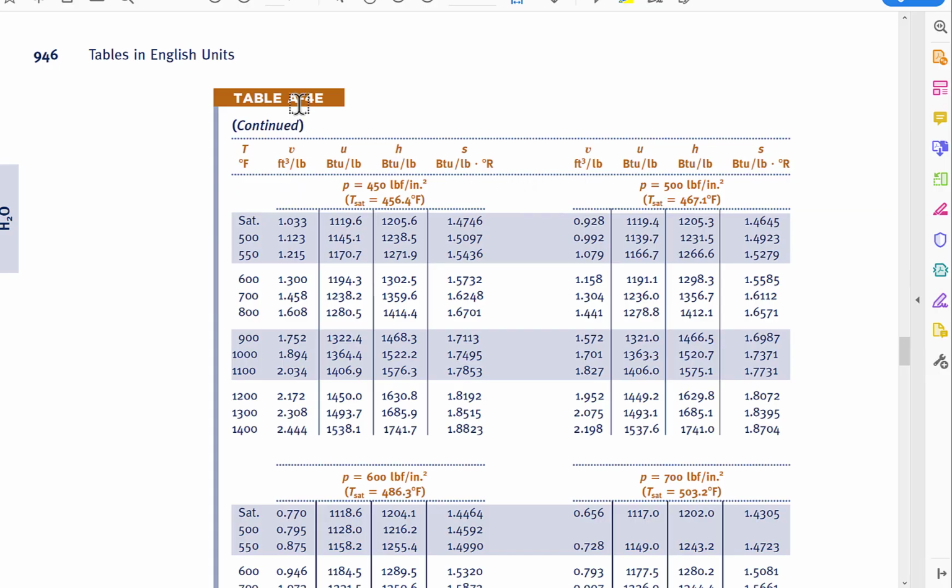So this is table 8.4e, and at 500 psi the saturation temperature is 467.1 degrees Fahrenheit. And also the first line shows the saturation properties. The rest of the table shows the data for superheated water vapor.